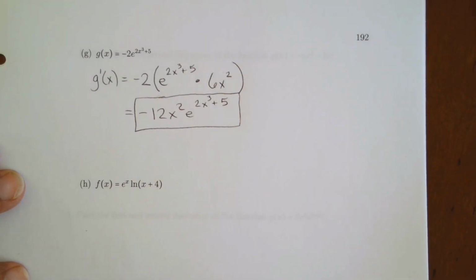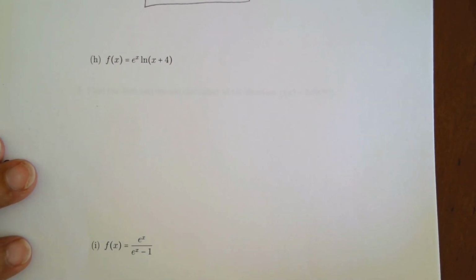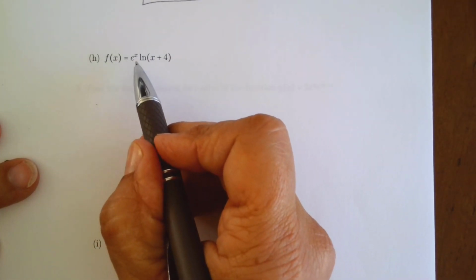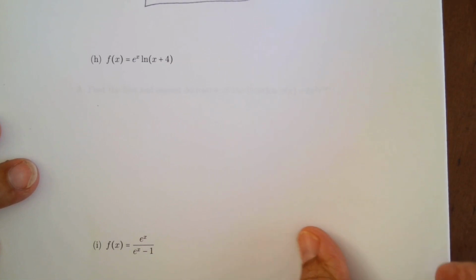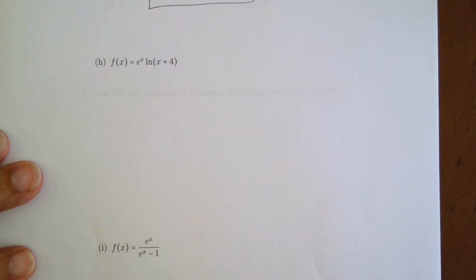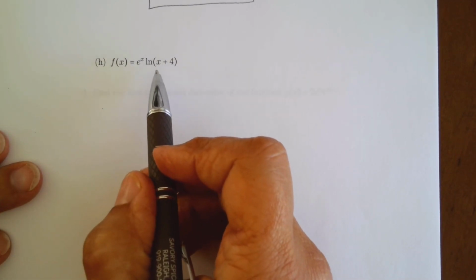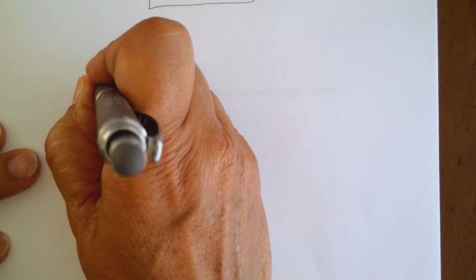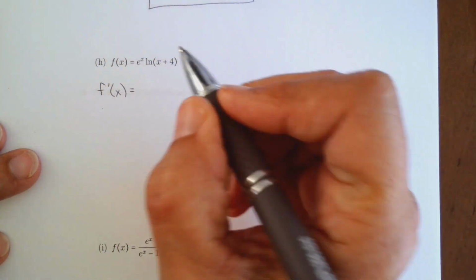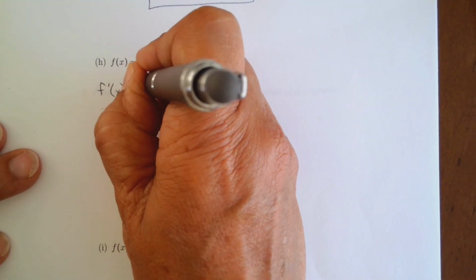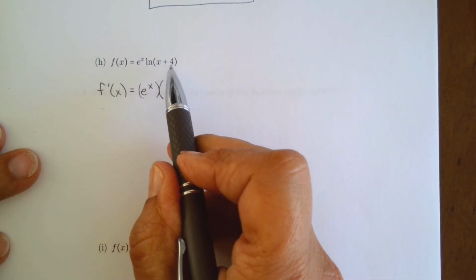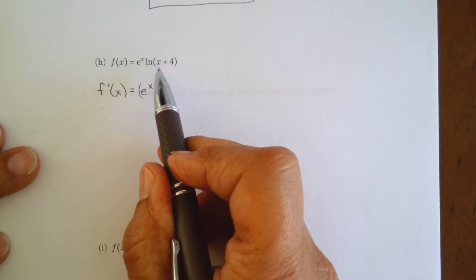All right, part H. Definitely a product rule. So e to the x, that has an x in it. It's not a constant there. It's got x times the natural log of x plus 4. So now we're going back and bringing in our natural log formulas that we did in the last section. Remember the product rule, we start with just the first function, and then we're going to do times the derivative of the second function.